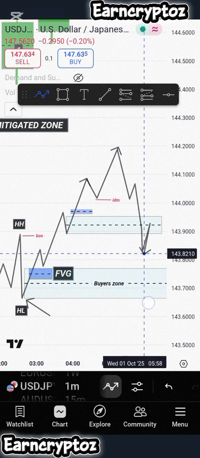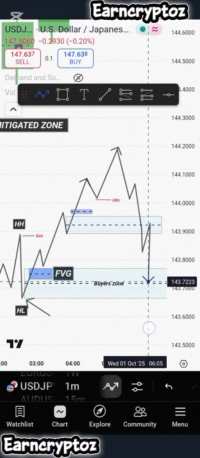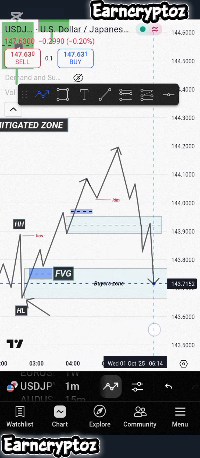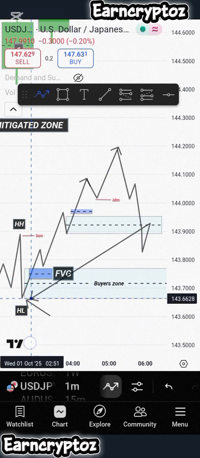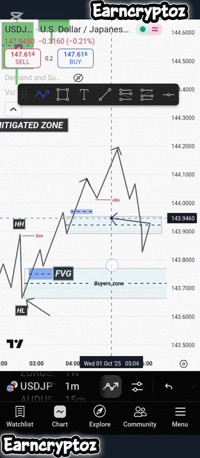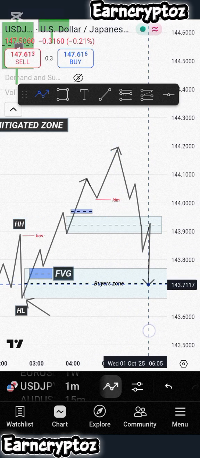So we are going to wait for price to come to the extreme. That's only when we will know if the trend has changed, because if trend has changed, it will break higher low. So we are looking at the first and the extreme to take trades from. So that is very important to note. So the first POI and the extreme POI, that's what we are considering.